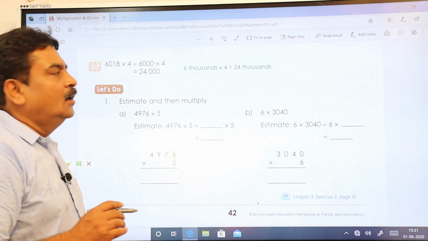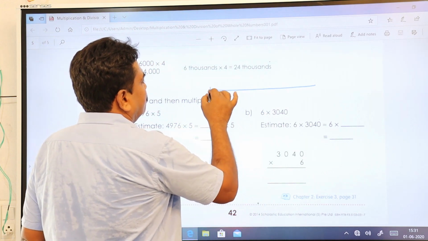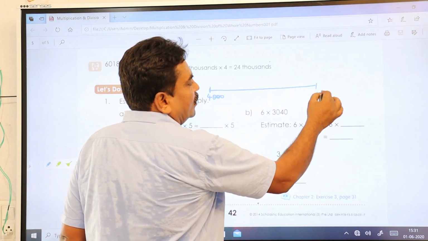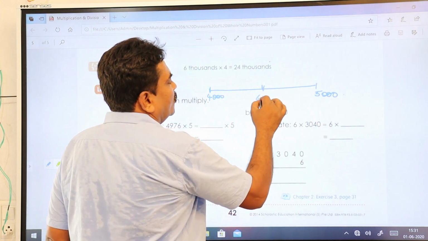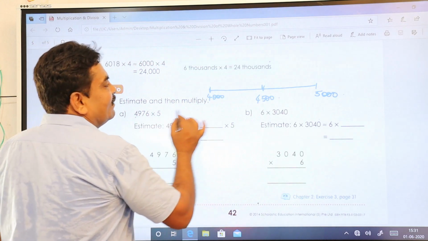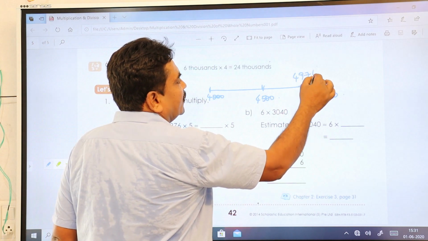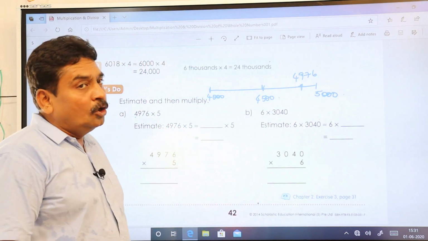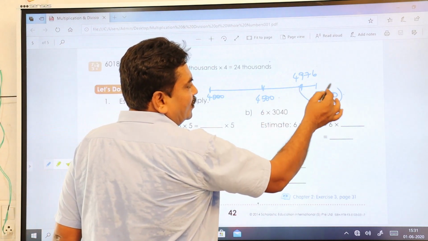4976. Say this is your number line. This is your 4000, this is your 5000, and this is your middle number 4500. 4976 comes here somewhere. Now tell me, which is the right estimated round value? It is closer to 5000.